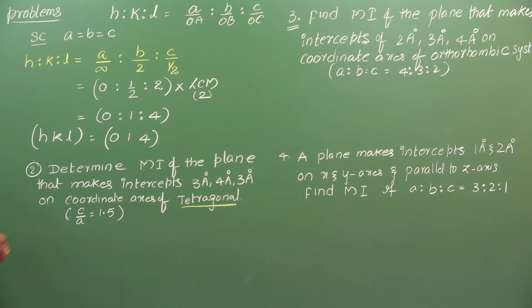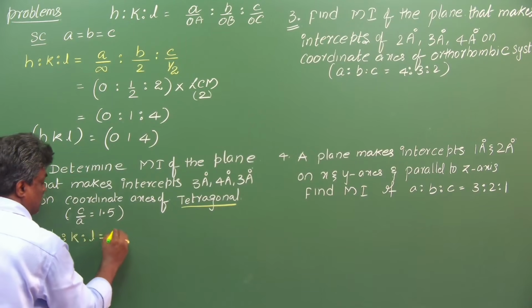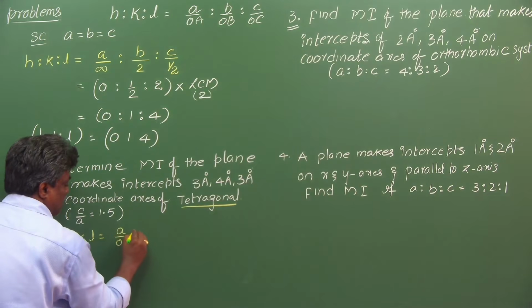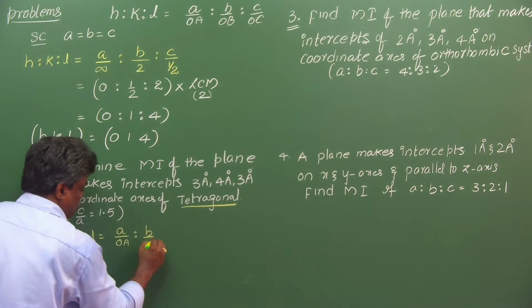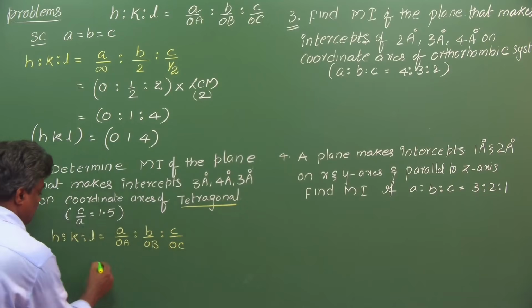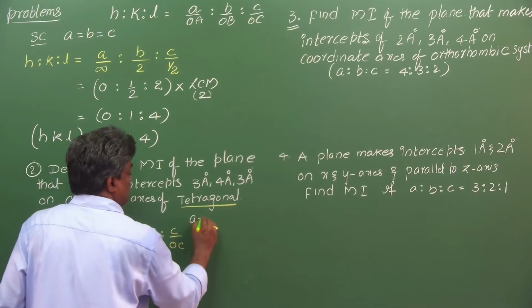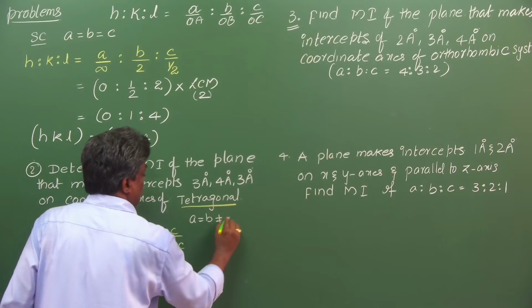If anybody didn't understand this, listen, I am explaining. If you already did it, no issue. So take the ratio h is to k is to l equal to a by OA is to b by OB is to c by OC. So it's tetragonal. Tetragonal means a equal to b but not equal to c.